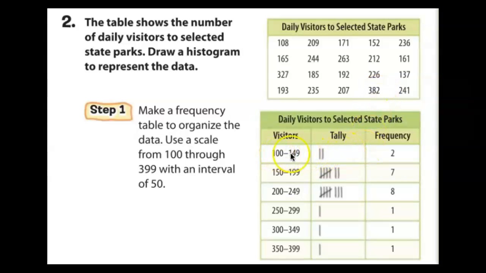So basically, they come up with their own kind of intervals. And this is groups of 50: 100 to 149, 150 to 199, so in intervals of 50 all the way to 350 to 399. And they just make tally marks for how many are in each of these categories.